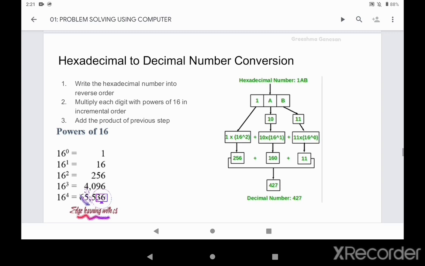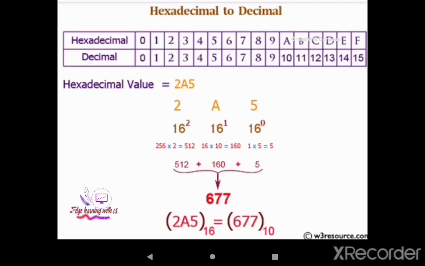So the answer is 256 plus 160 plus 11, and the final decimal number is 427 to the base 10. This is the way to convert from hexadecimal, base 16, to decimal, base 10.